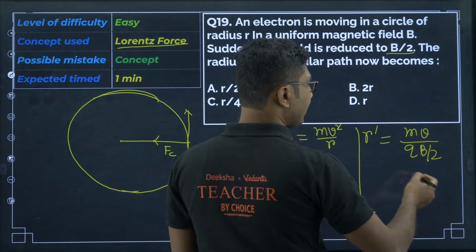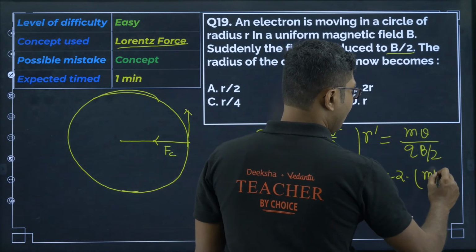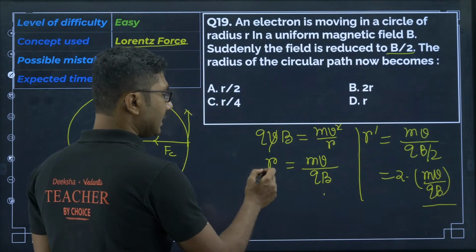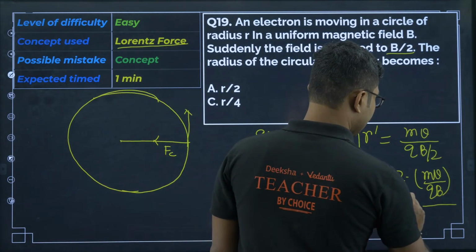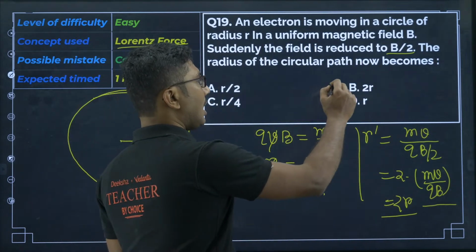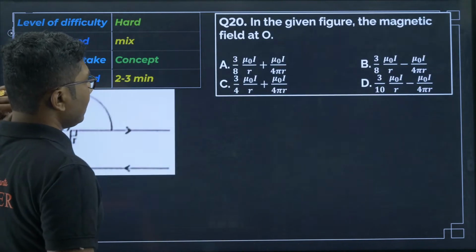Now, it is division of division, so this 2 will go up. So 2mv by qB, right. Now, mv by qB is basically r. So r dash is basically 2r. Okay, so the answer is 2r. Trappy question, but not difficult.